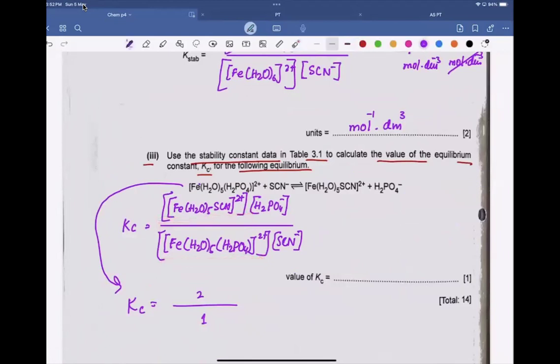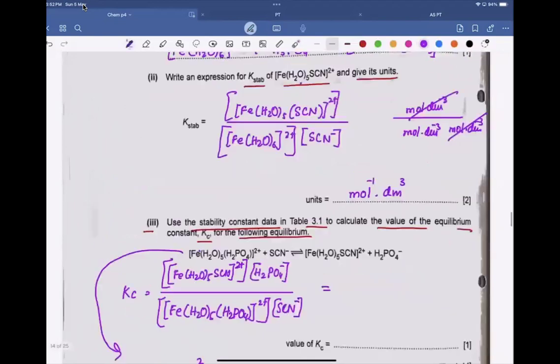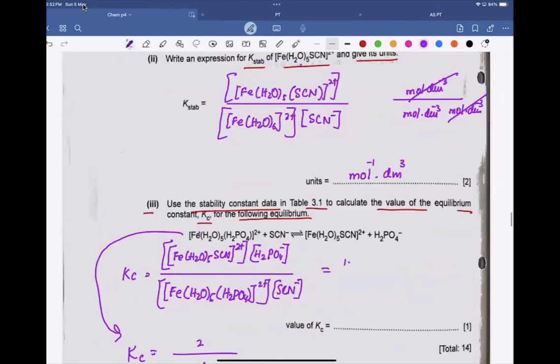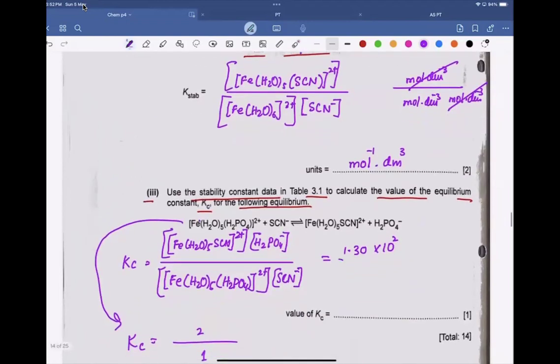So if I put the values, it is going to be 1.30 exponent 2 over 5.90 exponent 1. Is this clear? Okay.